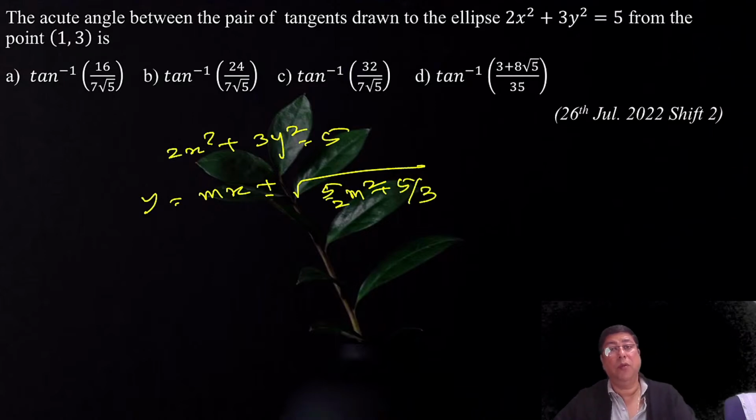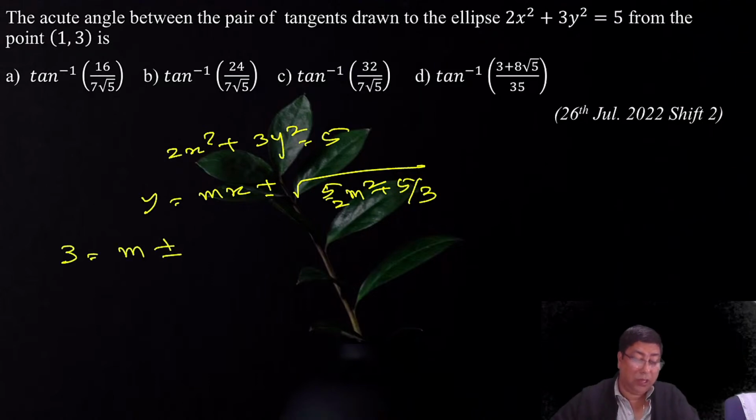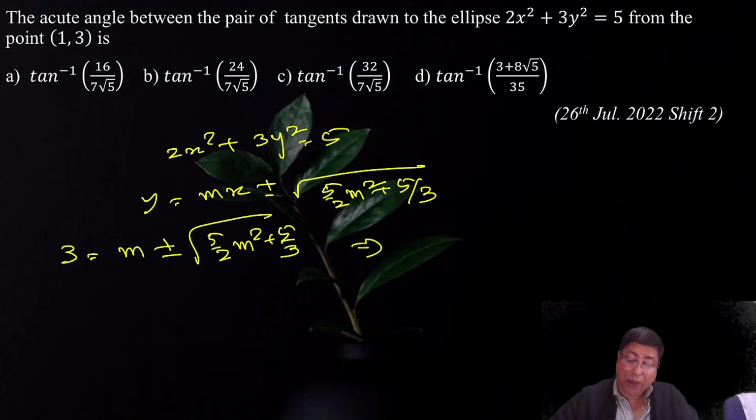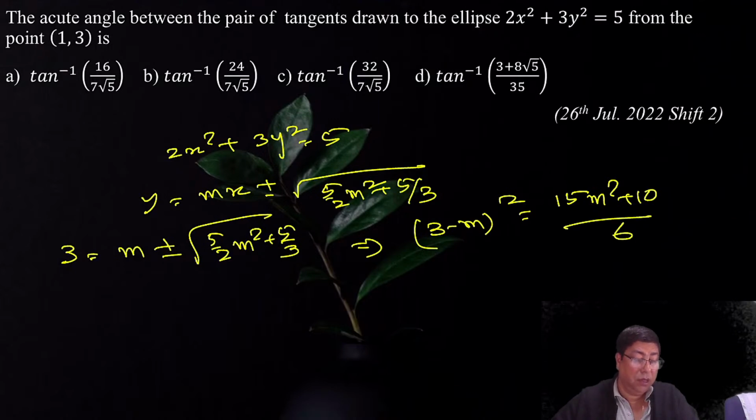It is passing through the point 1, 3, so it will satisfy 1, 3. So 3 equal to m plus minus root over 5 by 2 m square plus 5 by 3. Taking m to the left hand side, 3 minus m whole square equals 15 m square plus 10 by 6.